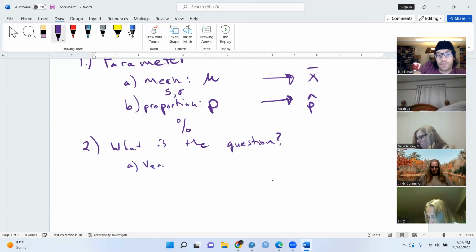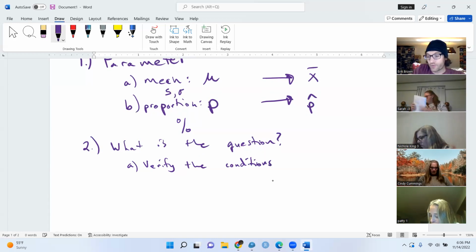There's the verify question: verify the conditions. Remember, the first 2 conditions are exactly the same for mean and proportion. It's just condition 3 that you have to keep track of being different.